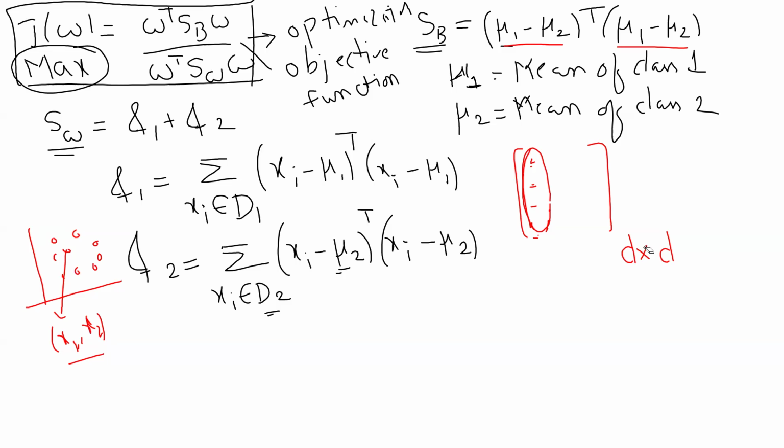Will this be d by d or not? Mu1 minus mu2 will be d by d. Is that right?